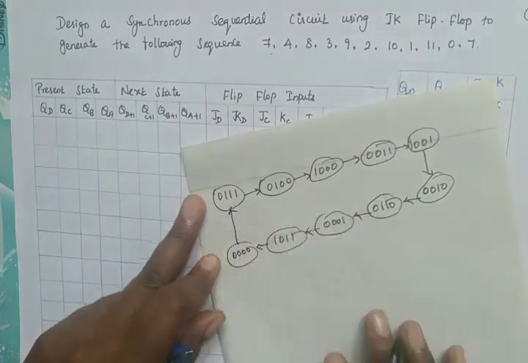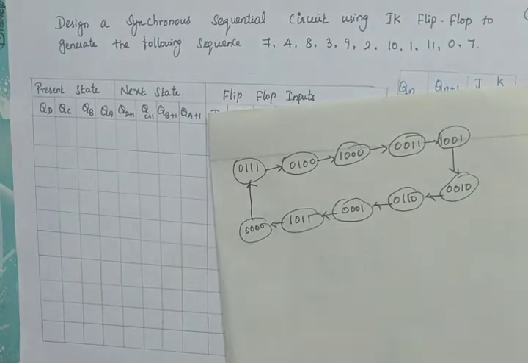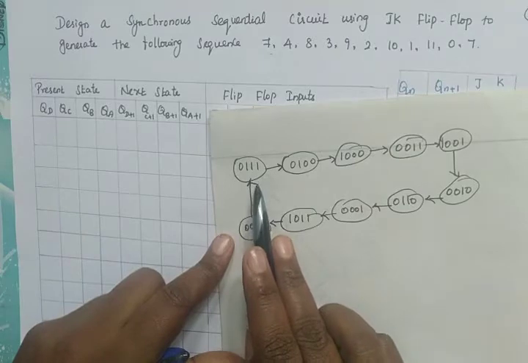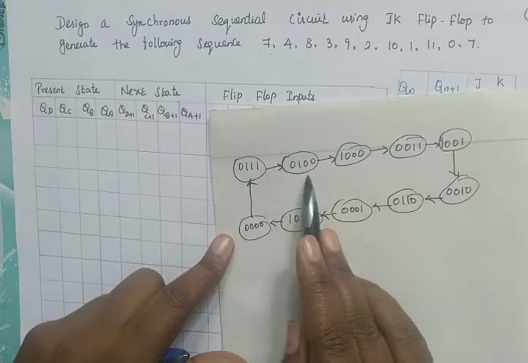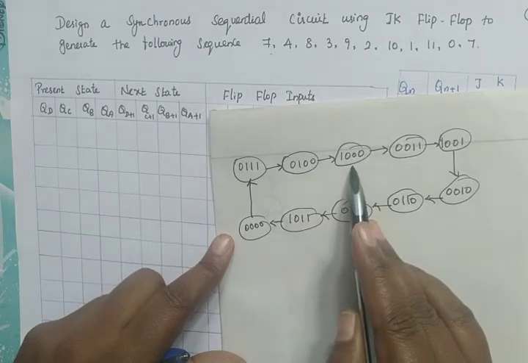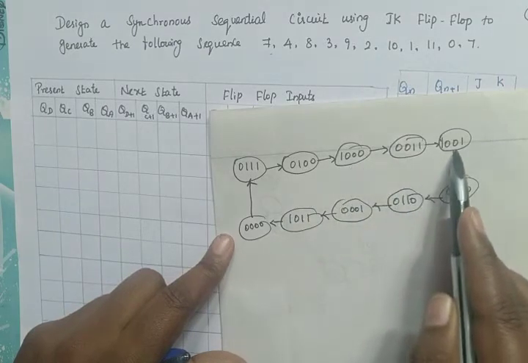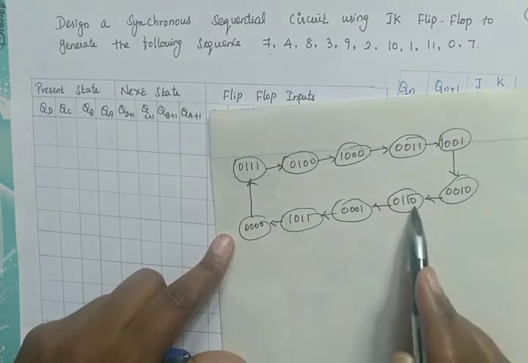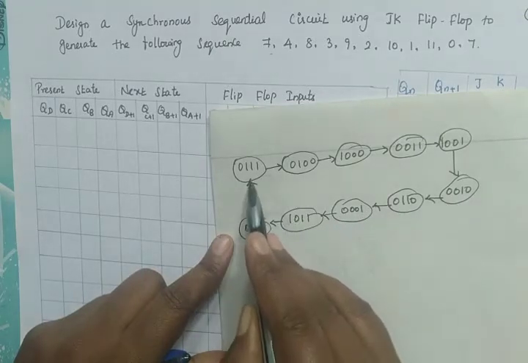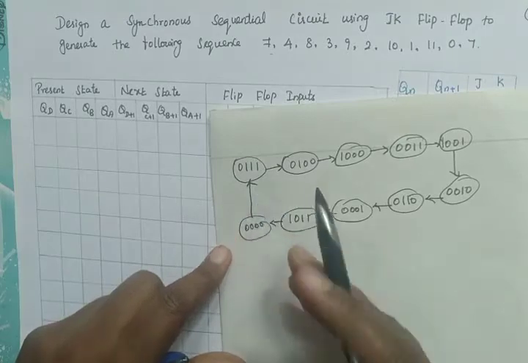So this is called the state diagram. If 7 is the present state, the next state will be 4. If 4 is the present state, the next state is 8. Then 3, 9, 2, 10, 1, 11, 0. Again it goes to the first state 7.